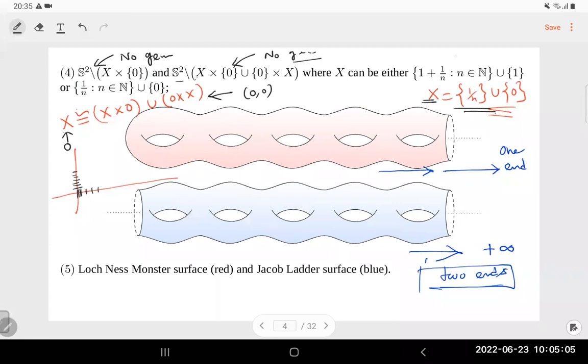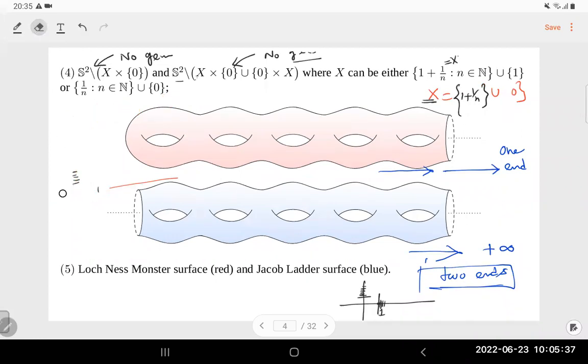But when X equals this one, they are not homeomorphic, because notice that when I draw here, it is 1 here, and here small, small, small, small, and here 1, here is small, small, small. So yeah, let us delete this, I have to delete 1 upon N. Okay. All right. And delete this also. Okay.